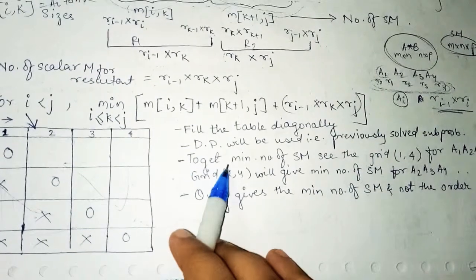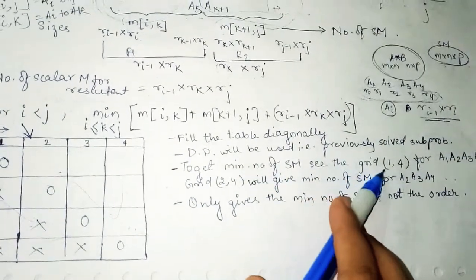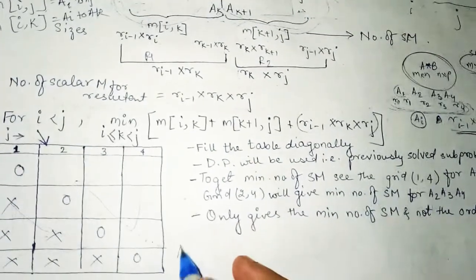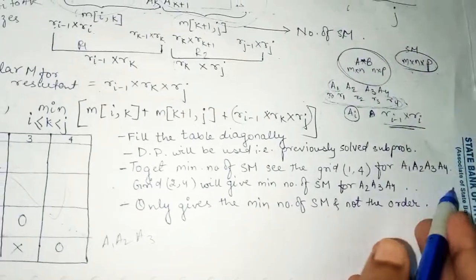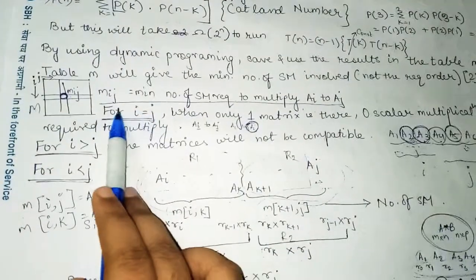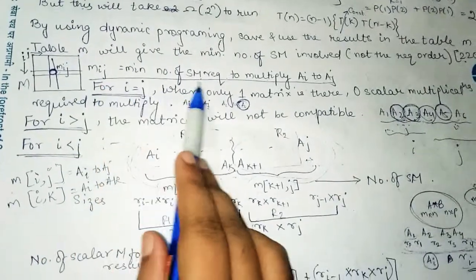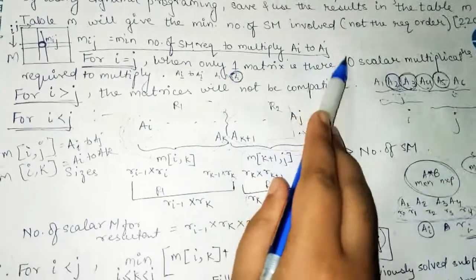So to get the minimum number of scalar multiplications required for the whole series A1, A2, A3 and A4, we will see the entry 1 to 4, because here we have said m(i, j) is the minimum number of scalar multiplications required to multiply Ai to Aj.